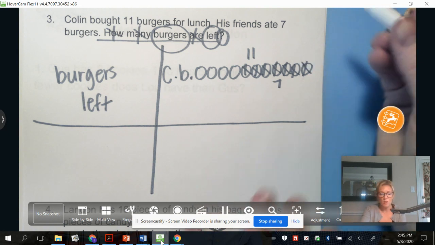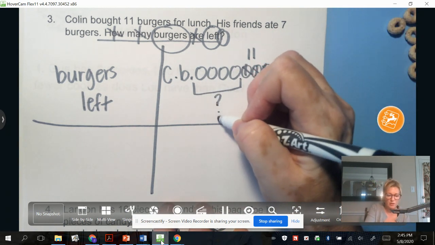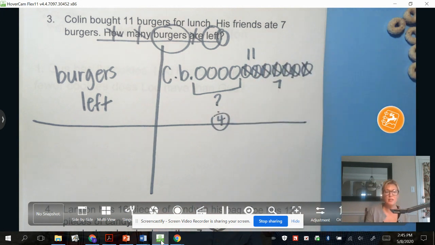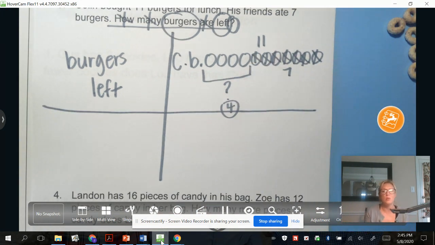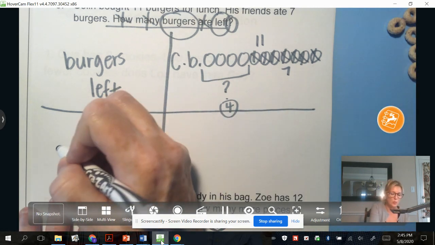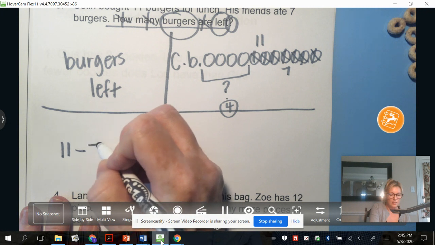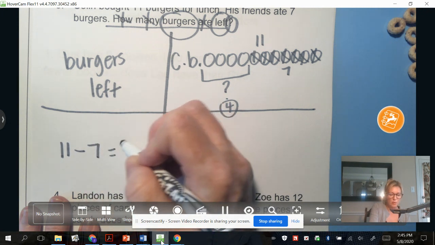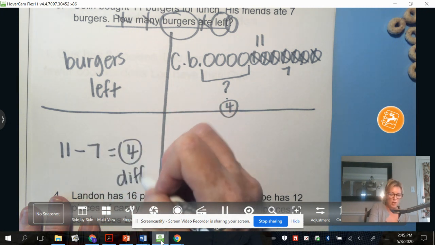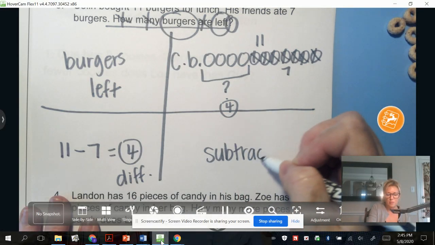And we are going to bracket question mark the ones that are left. Very good. All right, so this shows us our story. There were 11, 7 went away, now there are 4. So that makes it super easy for us to write our number sentence. 11 take away 7 gives us a difference of 4. Don't forget, anytime we subtract, we're finding a difference. And we got our answer by subtracting.